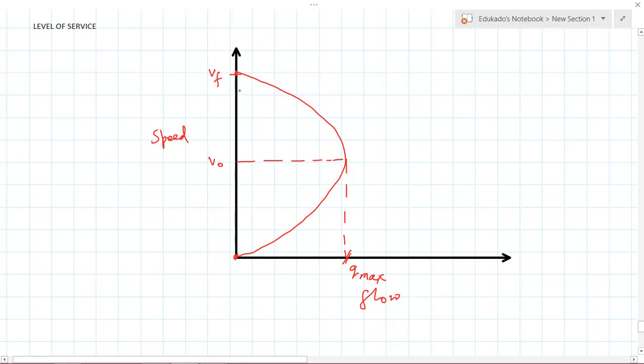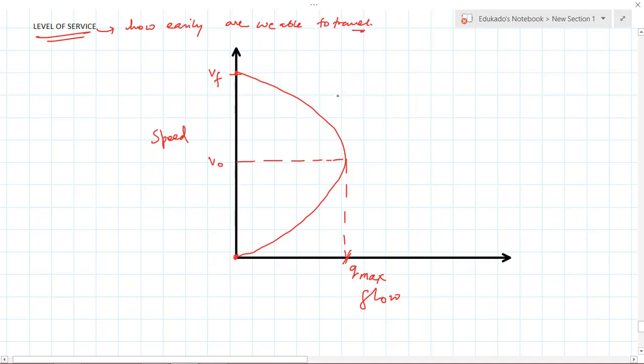So according to this speed flow graph, level of service is determined. What is this level of service? It is how easily are we able to travel.